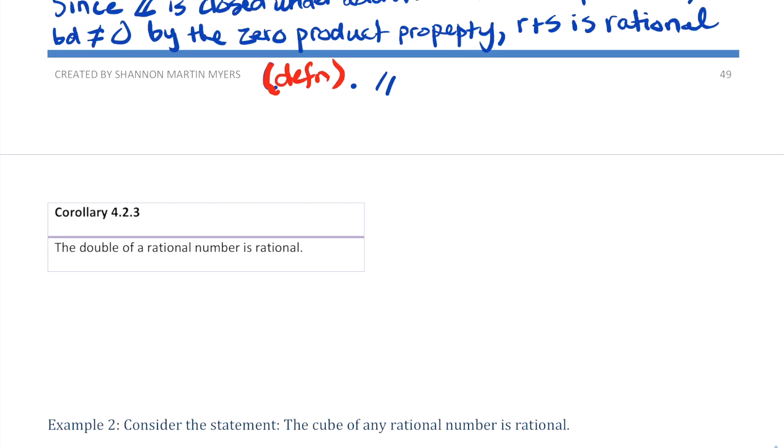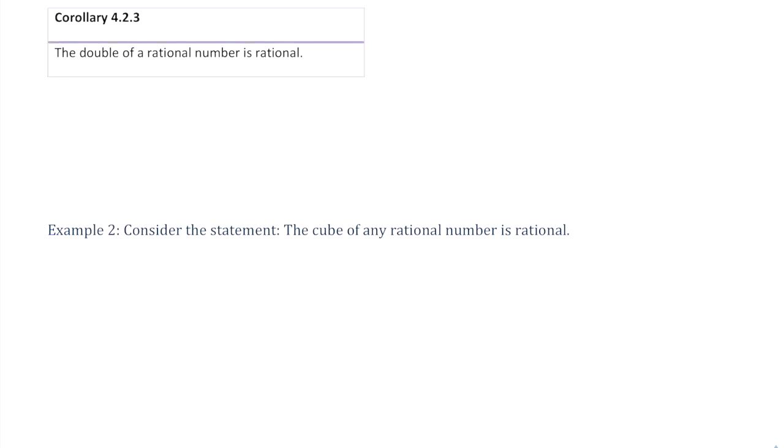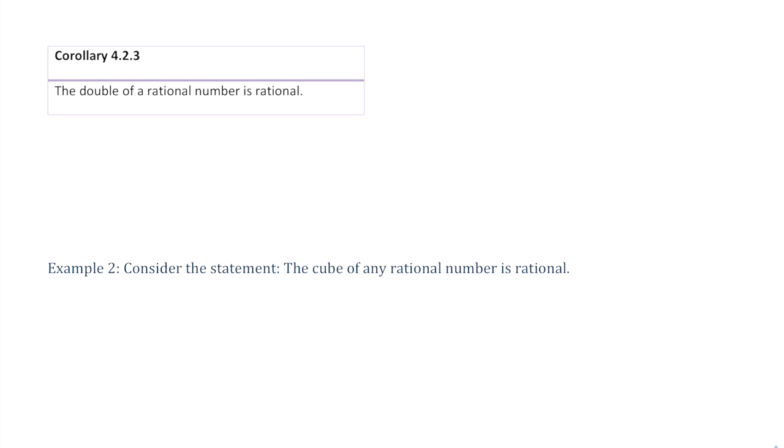All right. So now, a lot of times what we're going to do is, definitions are great. Using definitions for proofs, they're very solid. You're allowed to use them. They're just like kind of gospel, right? But you can also use previously proven theorems, right? So if we take a look at this corollary to that theorem that we just proved, it says that the double of a rational number is rational.